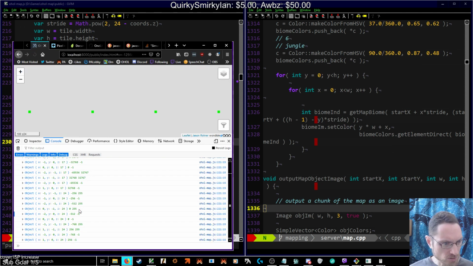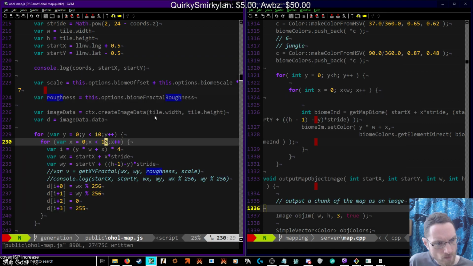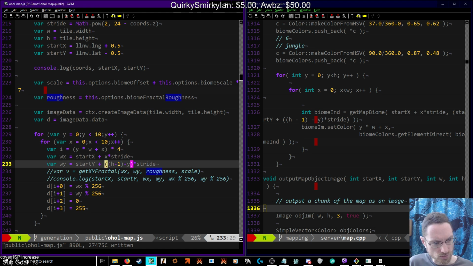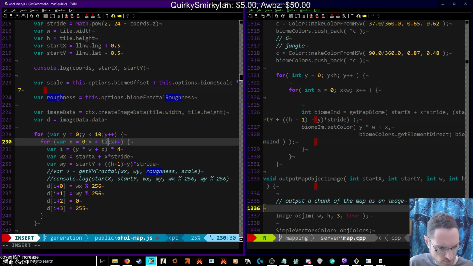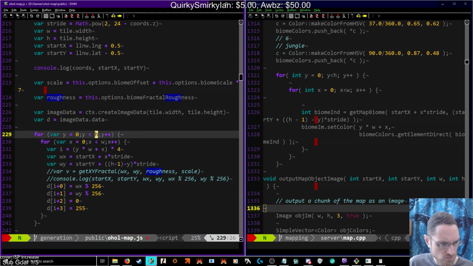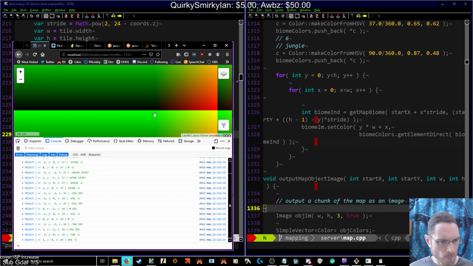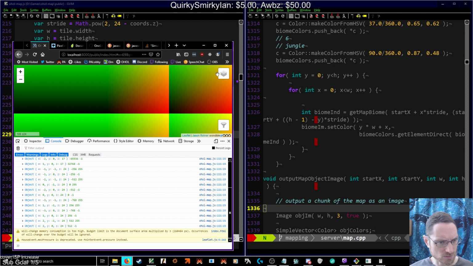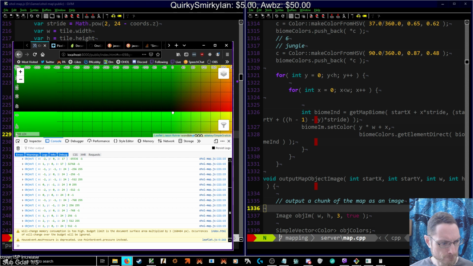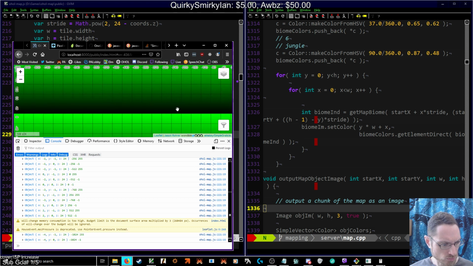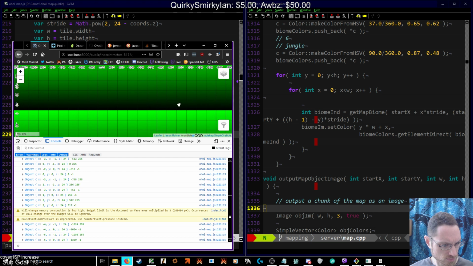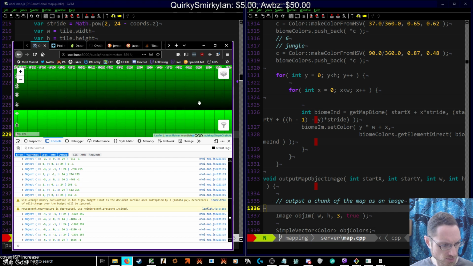Can we see the beginnings of something here? That's a lot more green than red. Right, because it's world X, world Y, so one starting high, one starting low. Yeah, we still got this problem. So as we go out here, X is getting more and more negative.